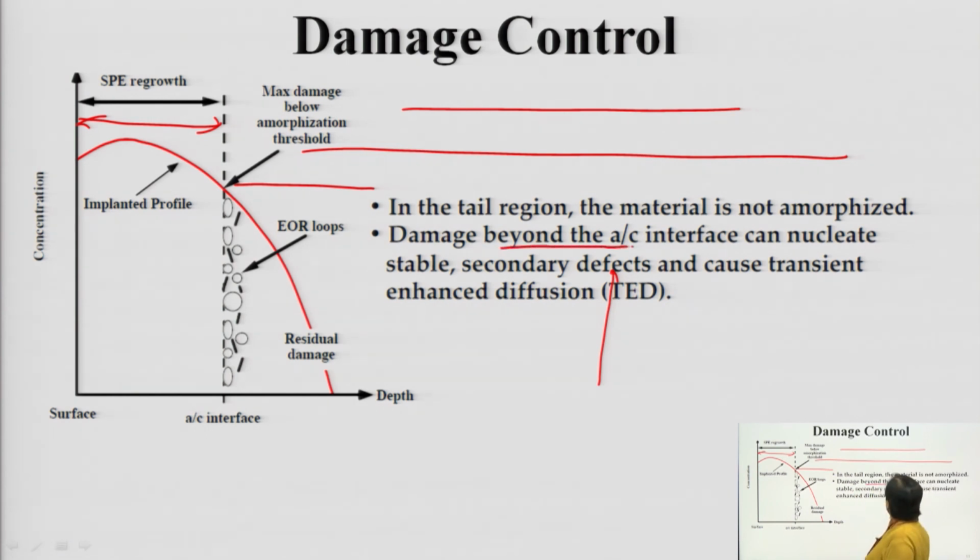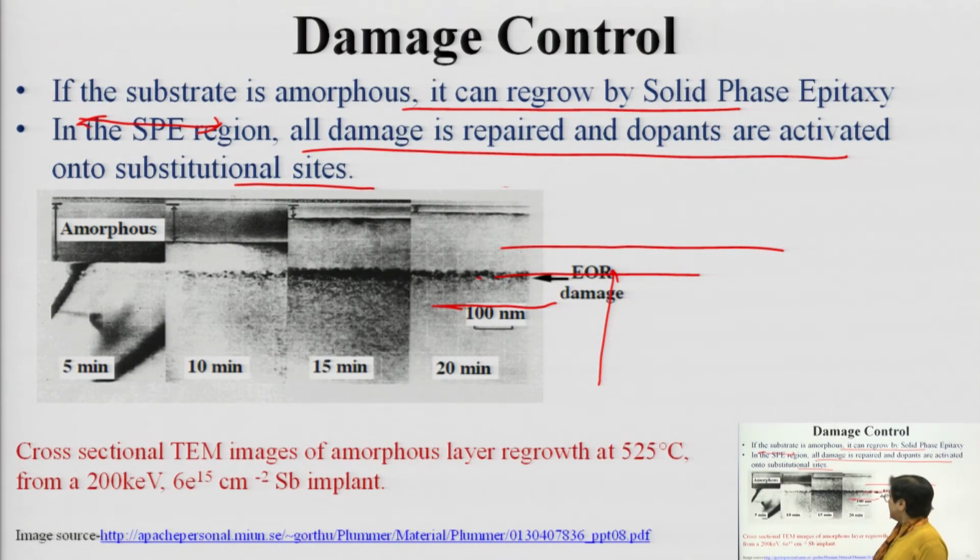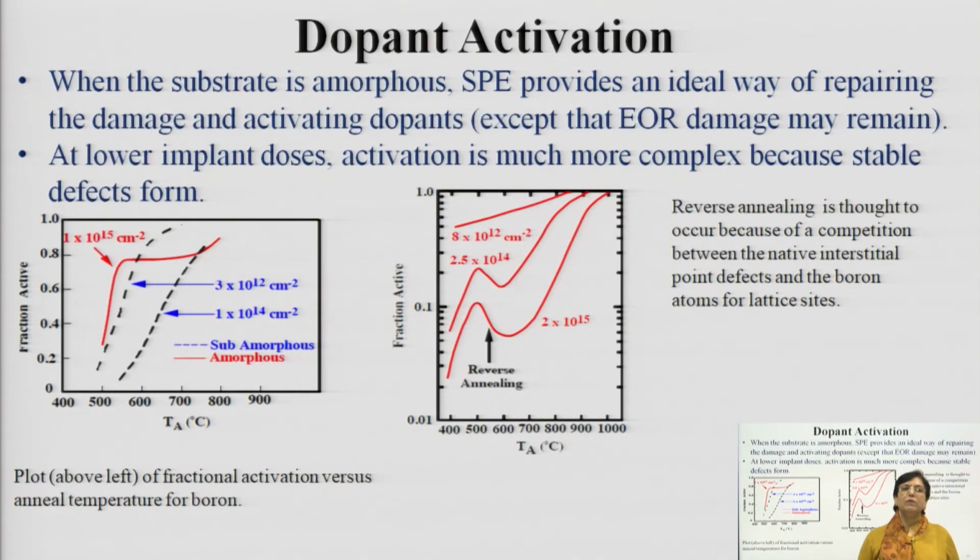Damage beyond the interface is stable, and secondary defects are transient. This is basically what you do whenever there is excessive dopant: when you add excess dopant and amorphization has happened to the crystal structure, we carry out solid phase epitaxy to regrow the crystal surface, so that the replication is formed, and regular crystal structures of those amorphized crystals will be automatically regrown and your crystal regularity will be maintained.